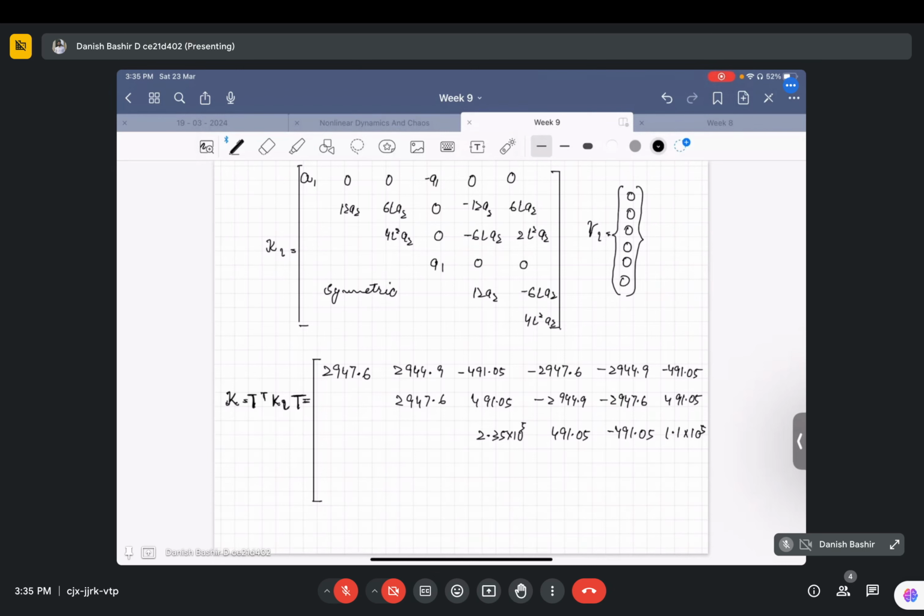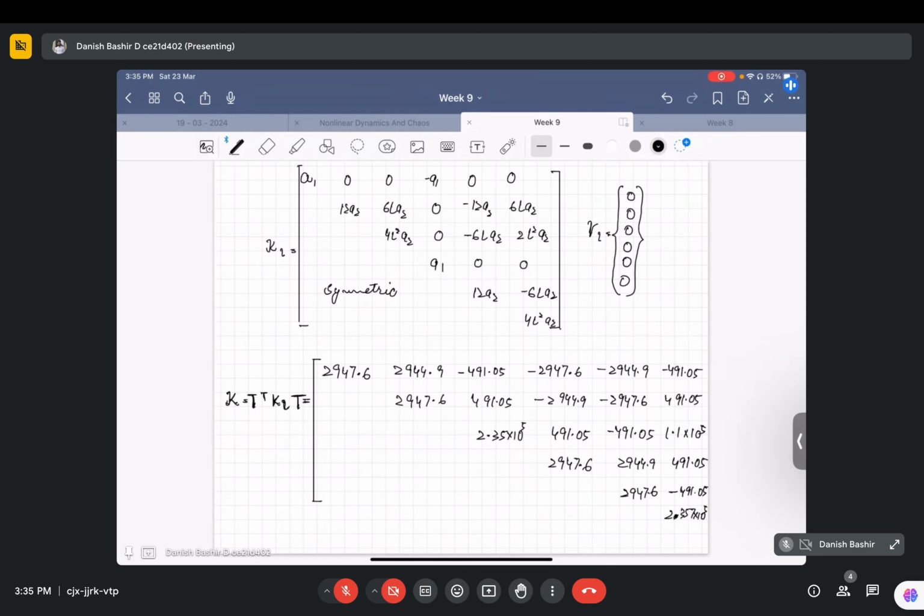And these values are 2947.6, 2944.9, 491.05. These two values are 2947.6, minus 491.05, and this one is 2.357 times 10 to the power 5.